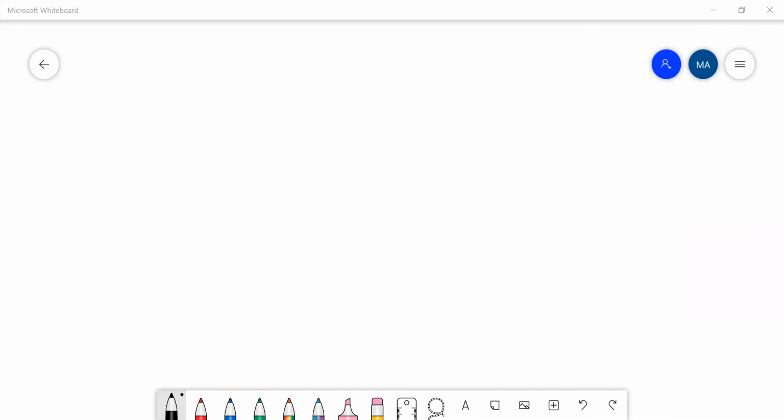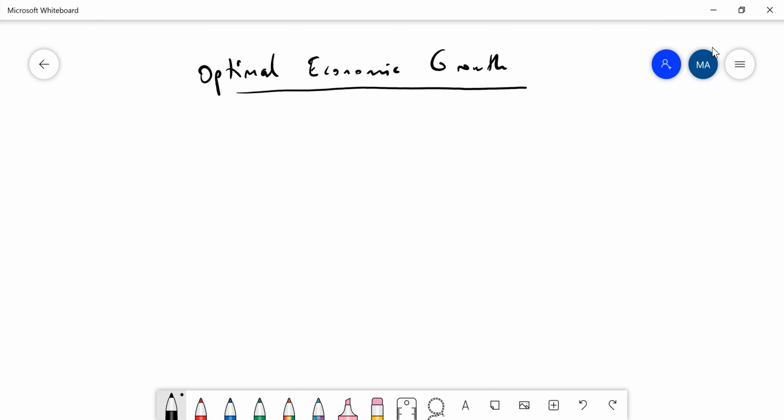Let me share my screen now. Okay. So, optimal economic growth. Now, there's one problem with the Solow model, and it's the dynamic inefficiency.